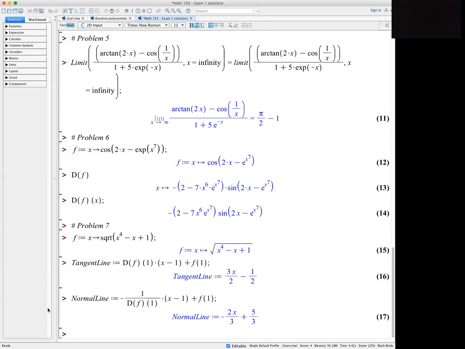So let's just see if this works. Let's plot 3 things: the function f of x, the tangent line, and the normal line.